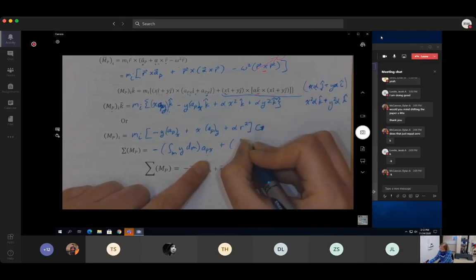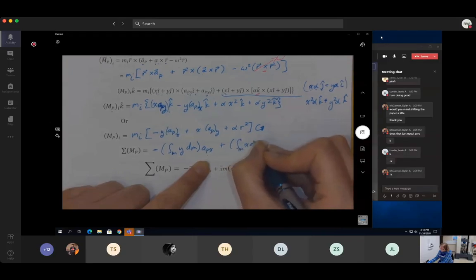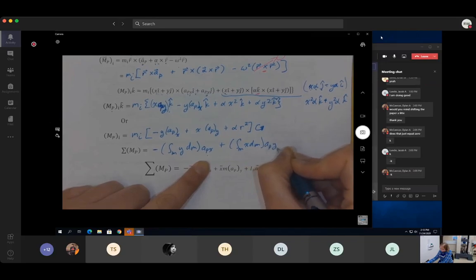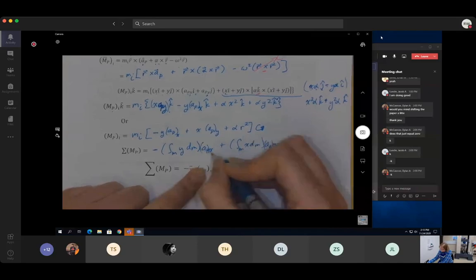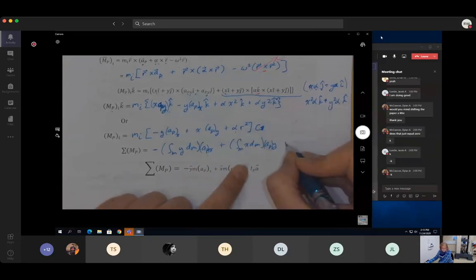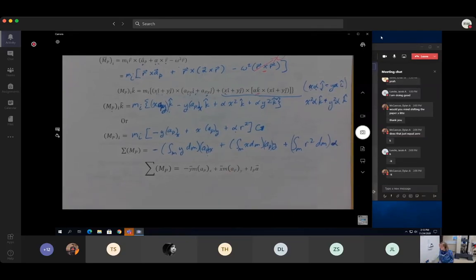Then we get the integral over m of x dm a_Py. And then for this last one, integral of r squared with respect to the mass times alpha.